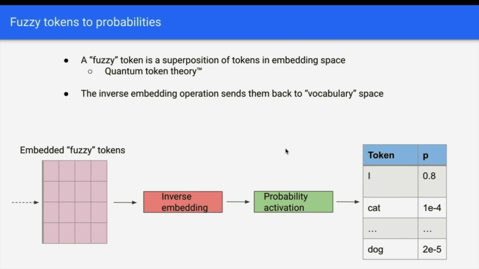The inverse embedding does the inverse operation of the embedding, so it takes you back into the space of tokens as opposed to that 12,000 dimensional embedding space. And then the probability activation just allows you to interpret those numbers as probabilities. That's the basic idea of what comes out of this thing.